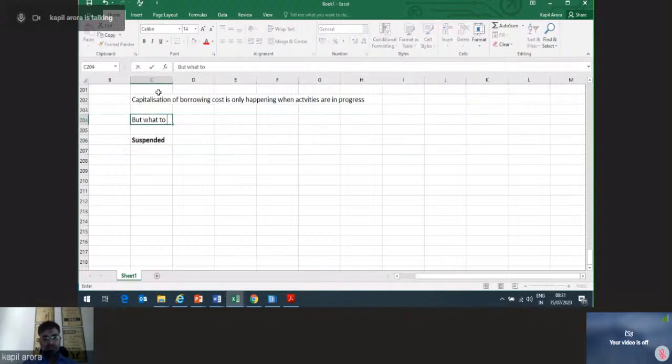But what to do when activities are suspended for some period? Now activities can get suspended for some period. There could be different reasons for that.